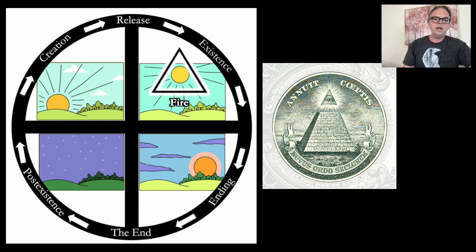So on the dollar bill, it's basically saying that there's a new world order that God blesses, and it's the United States, where the all-seeing eye is blessing this pyramid of our country. The country is being represented by a pyramid. The pyramid is the triangle, it's the classical elements of Plato and Aristotle. So that's where this is coming from. And it's fire, it represents fire, the force of existence.